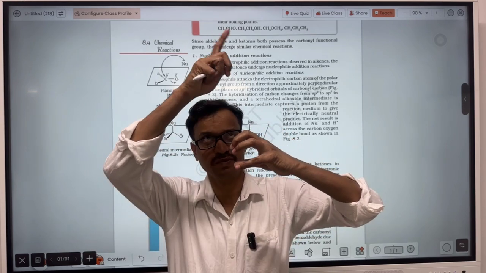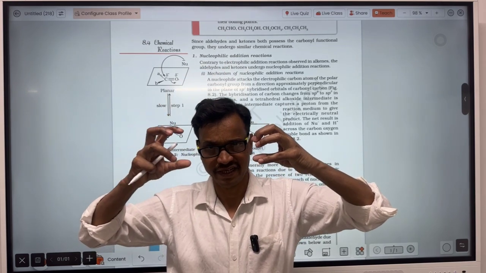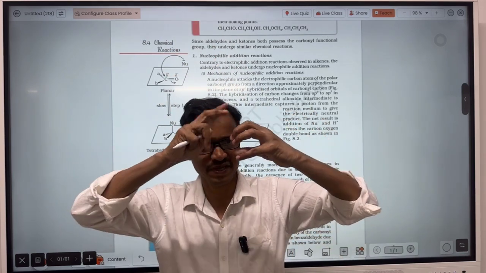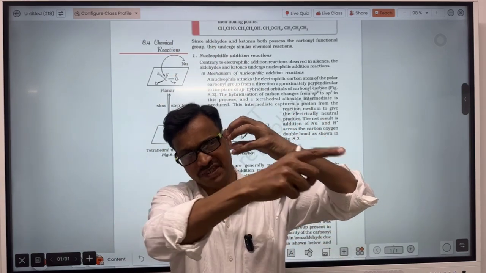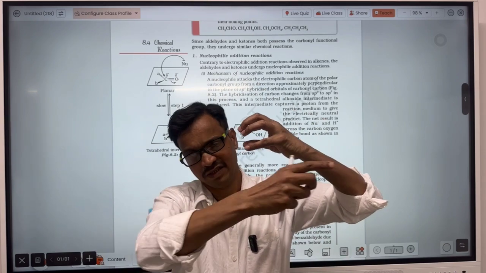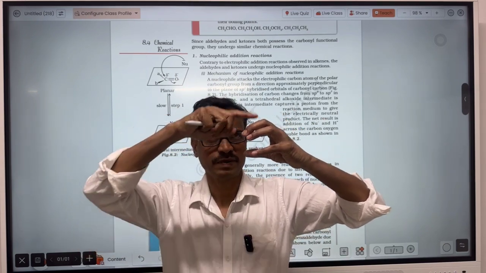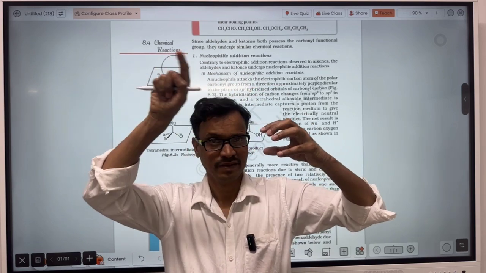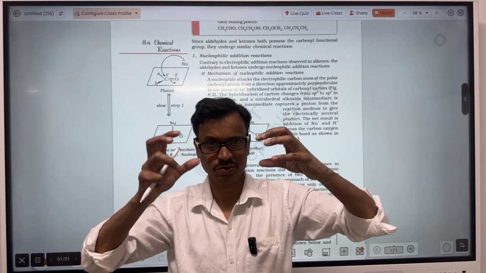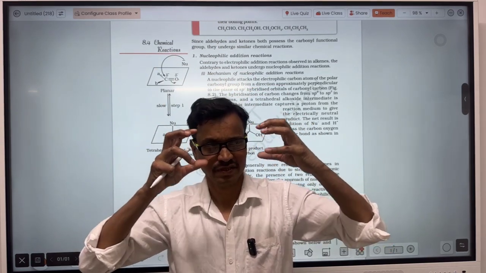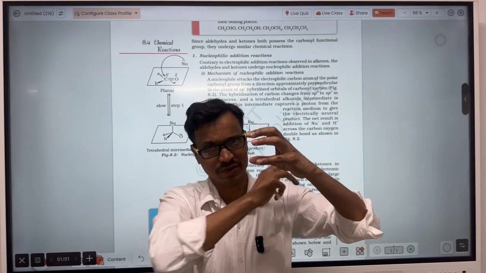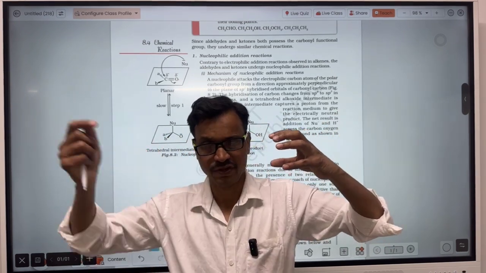So the unhybridized p orbital will be perpendicular to this plane. If the other group is added at this plane, then the p orbital is perpendicular to this plane. So the electron cloud density will be perpendicular to the plane at which the carbon, the oxygen, and the groups bonded to the acyclic carbon atom lie.